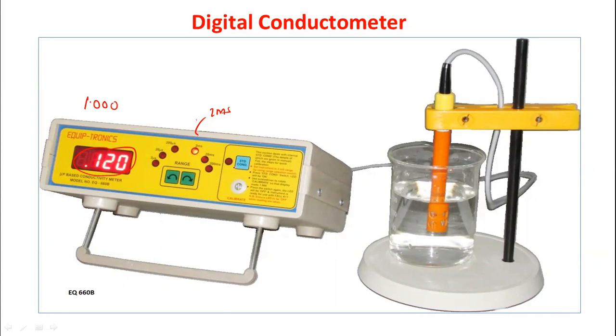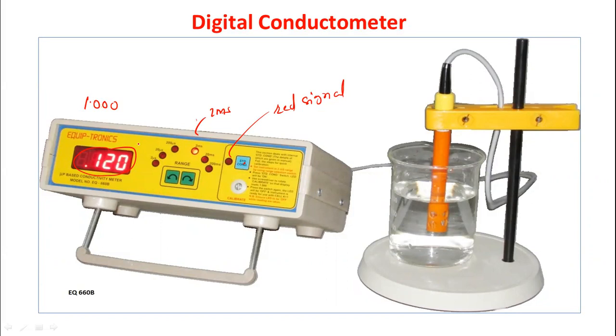In this standard condition, this red signal should be on here. When we put this switch on, then this red signal is there. So in this way we have to standardize the conductometer. The display shows the reading 1.00.